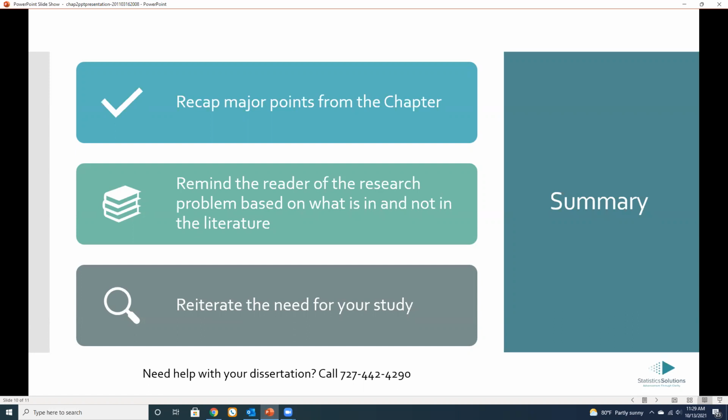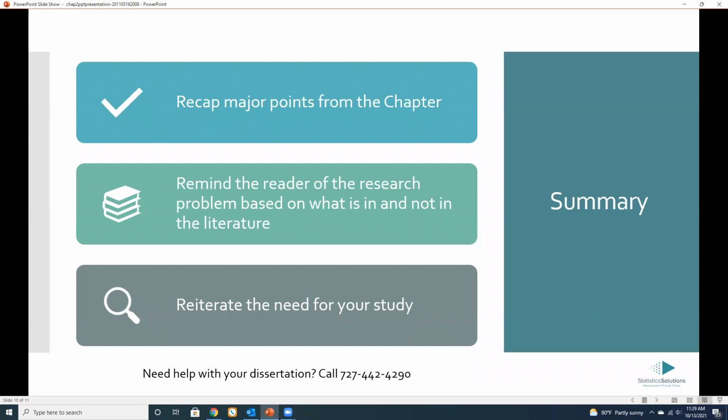Reiterate the need for your study. And don't do what I call the fake summary. I don't know what it is about introductions and summaries. In my experience, folks seem to fall down on the summary or fall down on the introduction. I know they may seem tedious, but they're not that difficult.